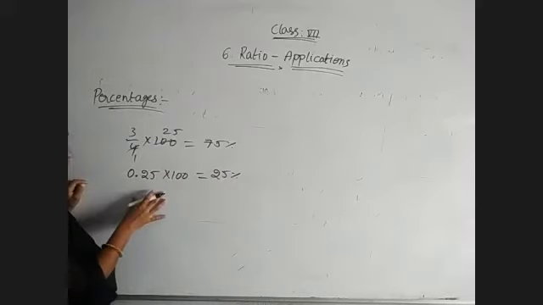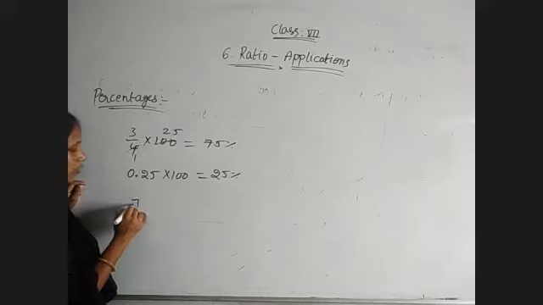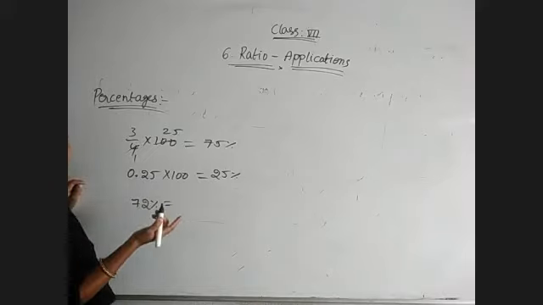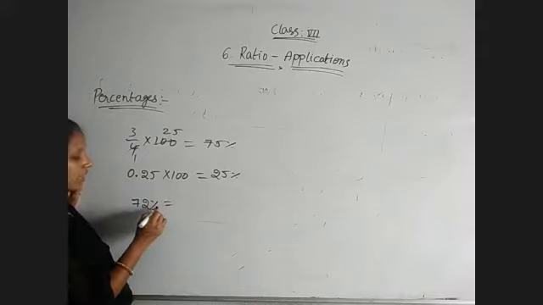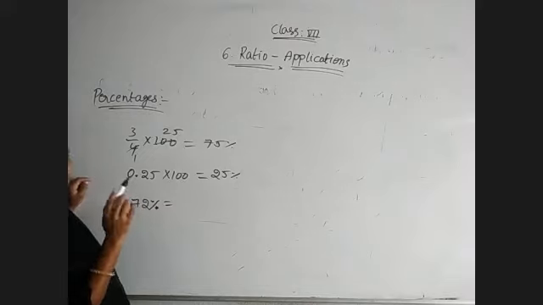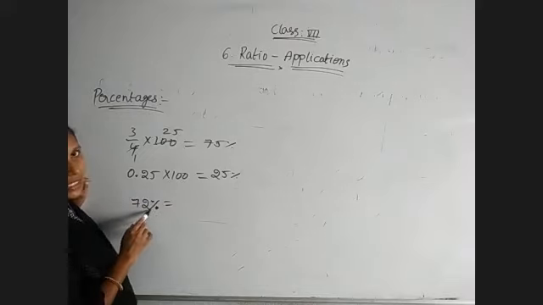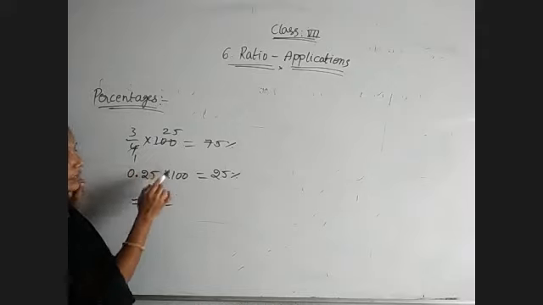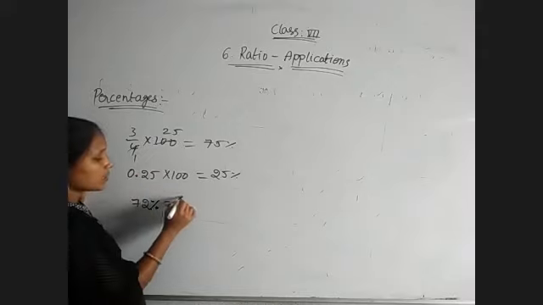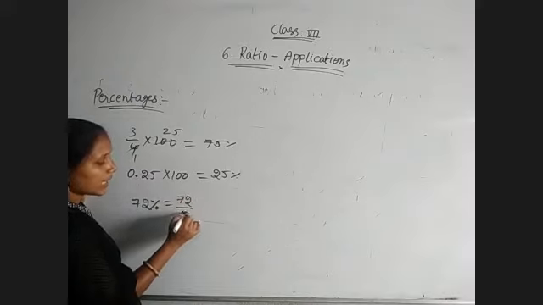Okay. And if a percentage is given, suppose 72 percent is given, in that case, to get the fractional form or decimal form, first divide by 100. Remember, if the percentage symbol is there, then divide by 100. If the symbol is not there, if it is a fraction or a decimal, multiply by 100. Now 72 percent is nothing but 72 by 100.